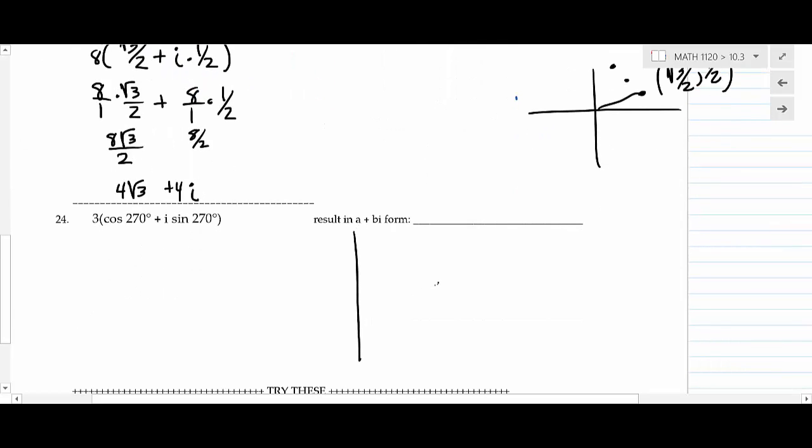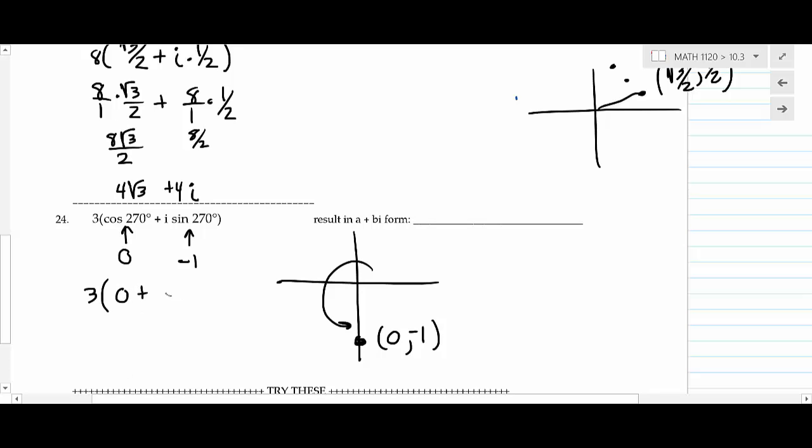All right, next one, 270 degrees. What is that special point on the unit circle there? 0, -1, right? So what's the cosine of 270? 0. Sine of 270, -1, correct? So we're going to have 3 times 0 plus -1i.